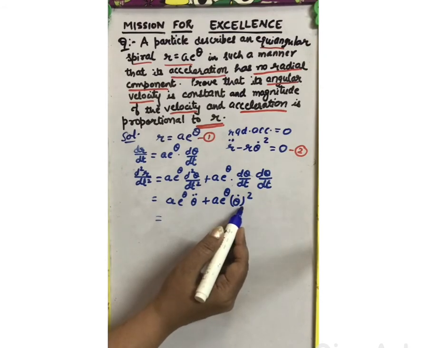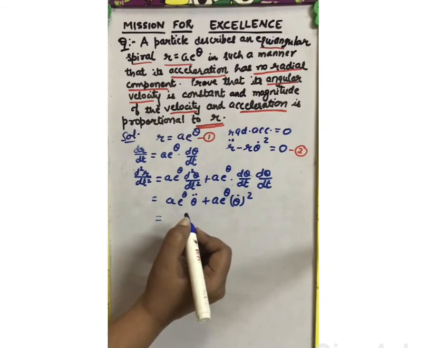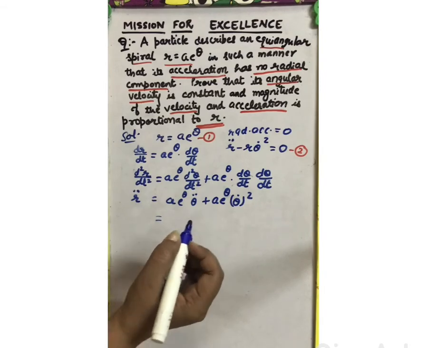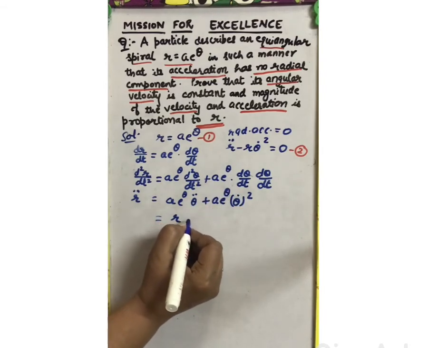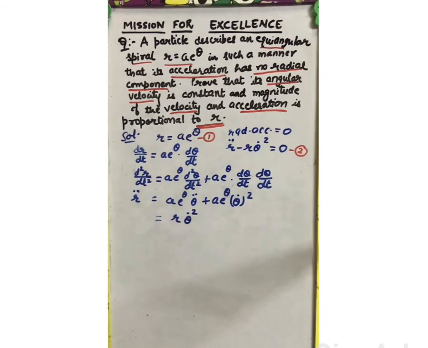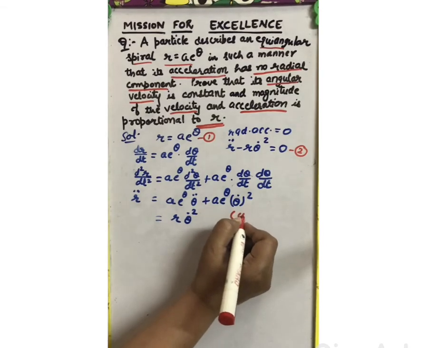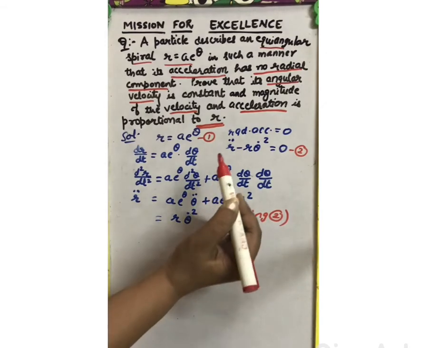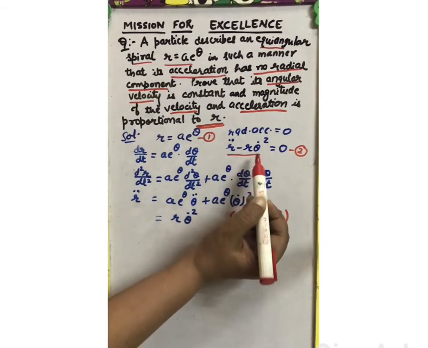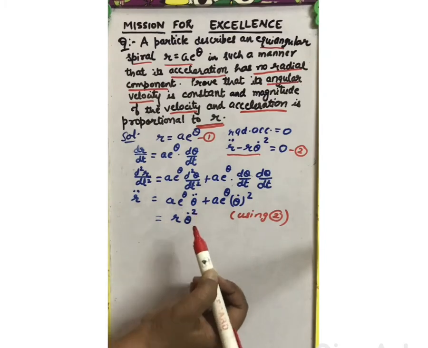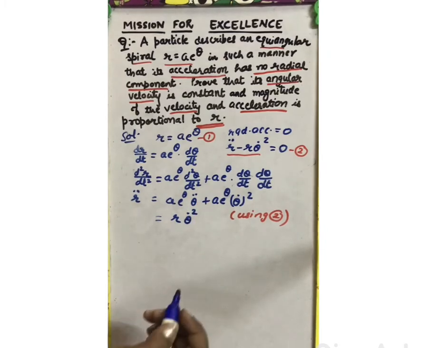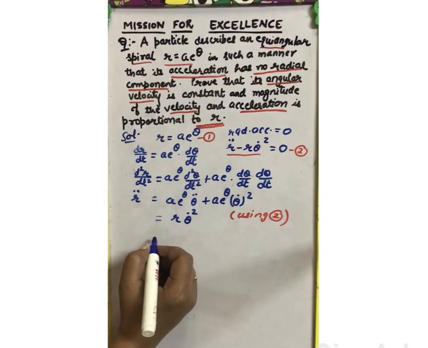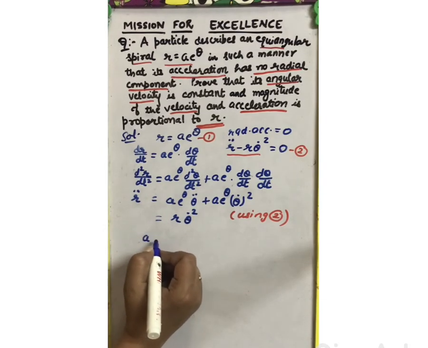So now we have this, we denote it by r dot dot. So now r dot dot is r theta dot square using the equation number 2. From here we have r dot dot is r theta dot square. So now equating the coefficients, here we can take common a.